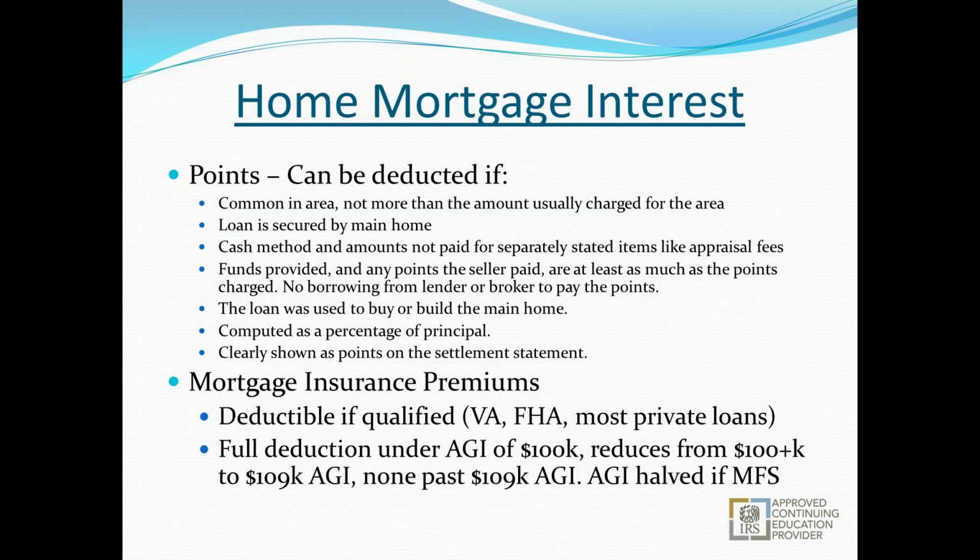Once you're over 109K, you can't claim the mortgage insurance premiums anymore. So this is more of a benefit to people who are technically in the middle income category, because that income range is probably not going to be satisfied by a lot of the people who are buying homes and having to pay mortgage insurance premiums.